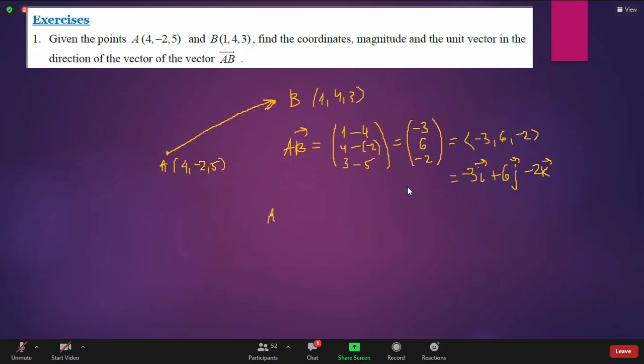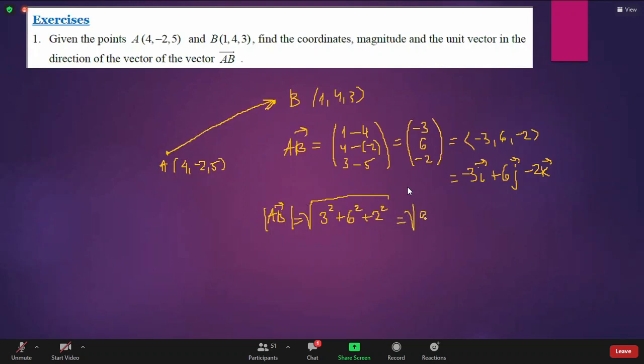Magnitude. Now the magnitude is the square root of the squares of all 3 coordinates. That would be 3 squared plus 6 squared plus 2 squared. It doesn't matter that I wrote only positive numbers squared, because negative numbers squared are still positive. So we don't have to worry about the signs when we are finding the magnitude.